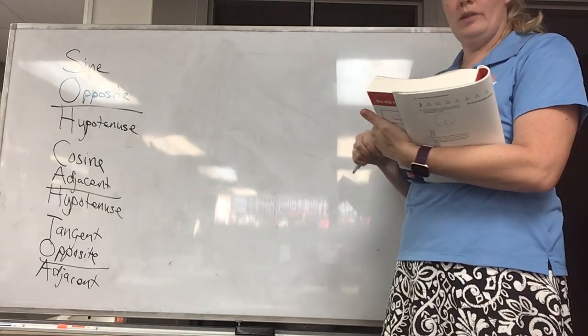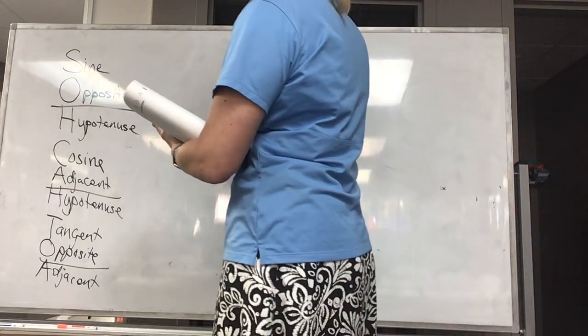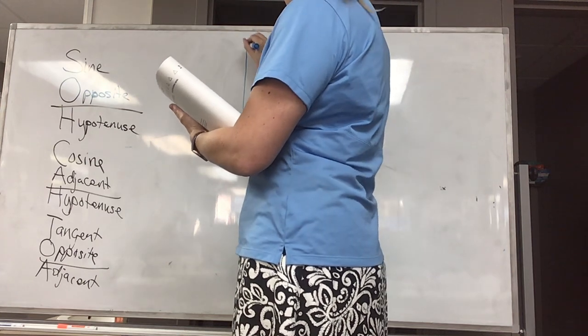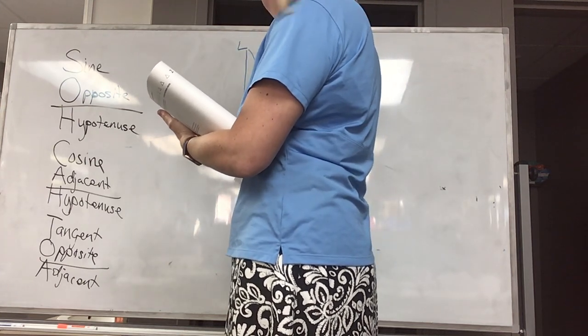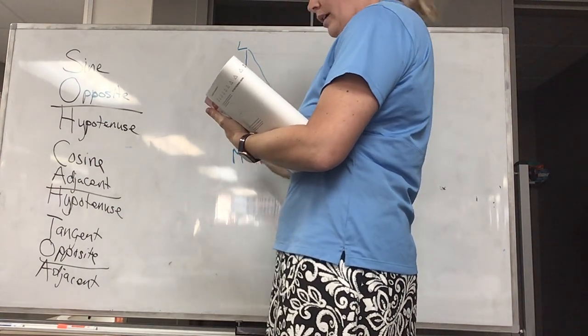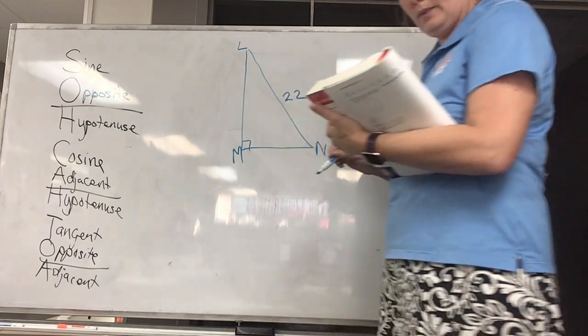Getting comfortable with what's going on, they gave a triangle with L, M, and N. It's a right triangle. Give the length of 22.